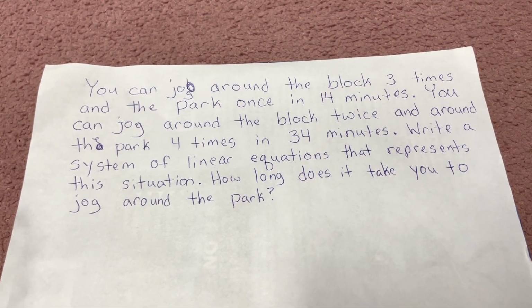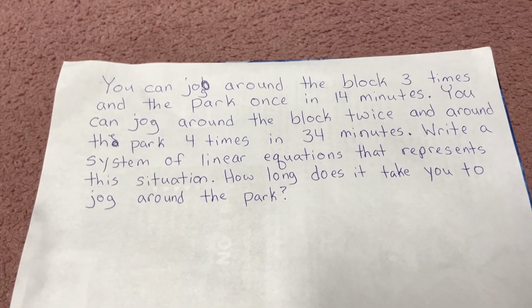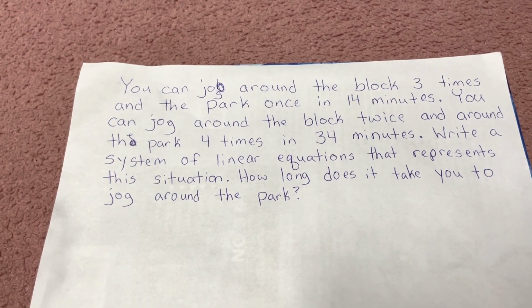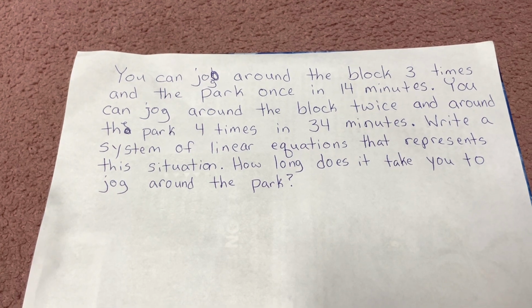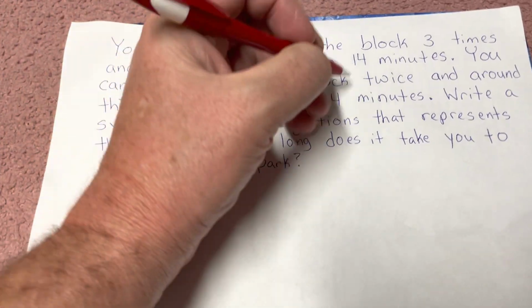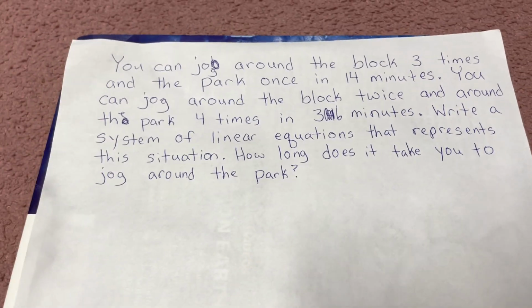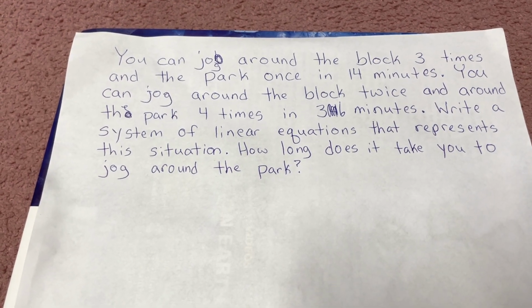So you can jog around the block 3 times and the park once in 14 minutes. You can jog around the block twice and around the park 4 times in, that's supposed to be 36 minutes. My apologies. In 36 minutes. Write a system of linear equations that represents this situation.